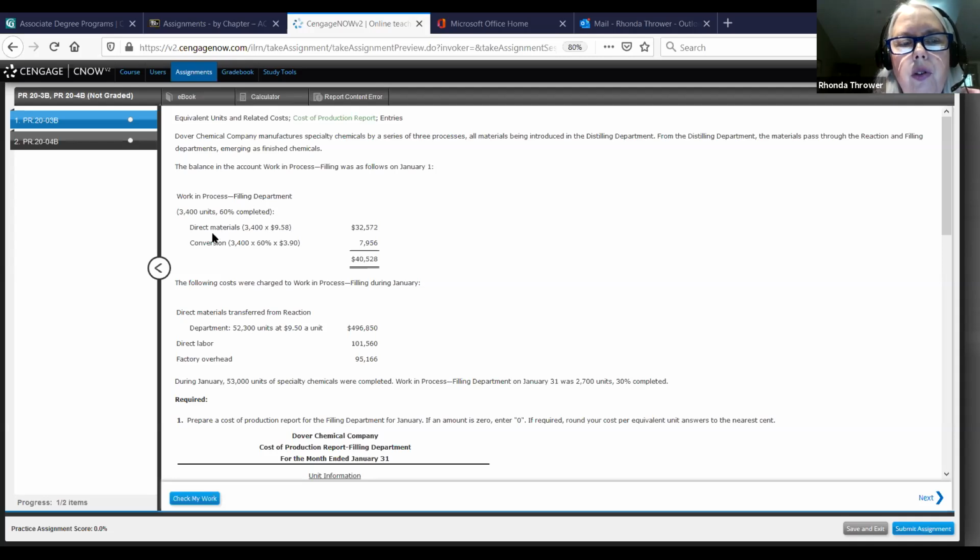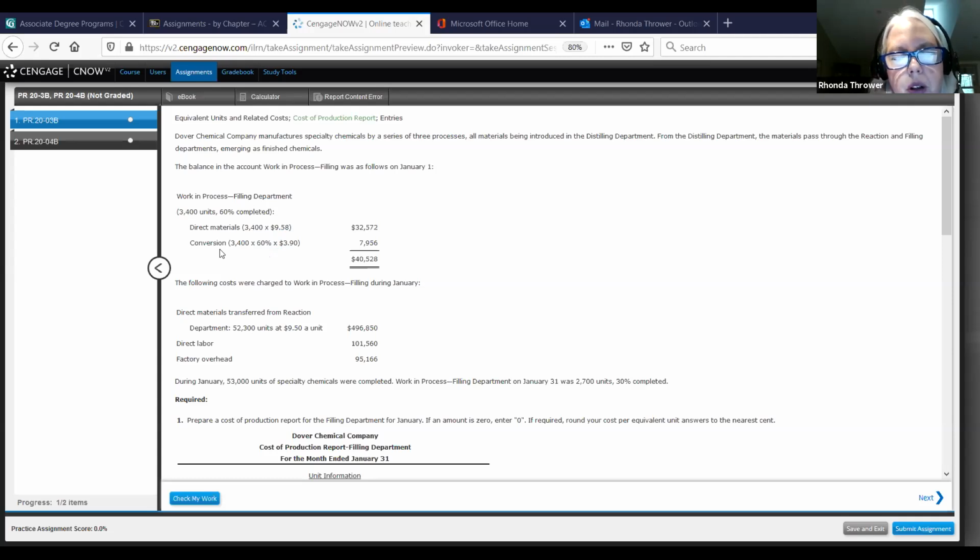The conversion portion of the beginning work in process units was 60% complete, because all of the materials were added last period at the beginning of the process, 100% of the materials were added last period for this beginning inventory. We just hadn't finished it with respect to conversion cost.